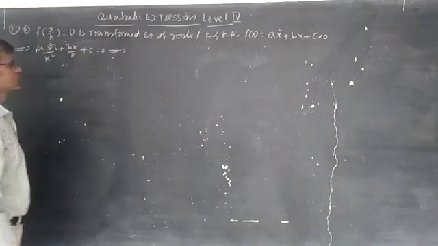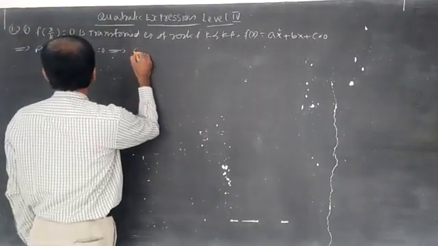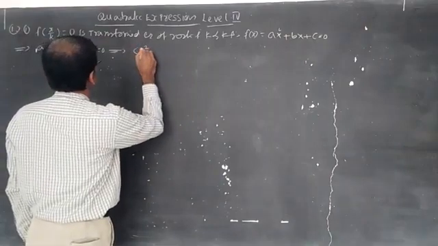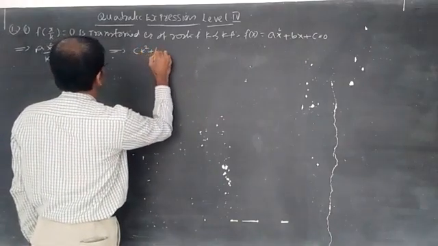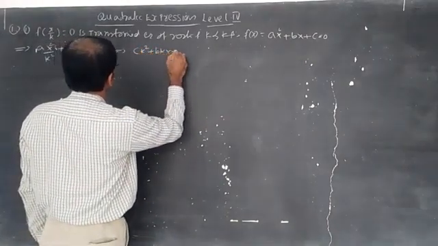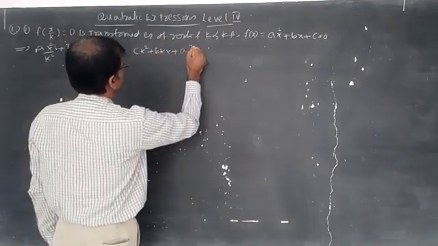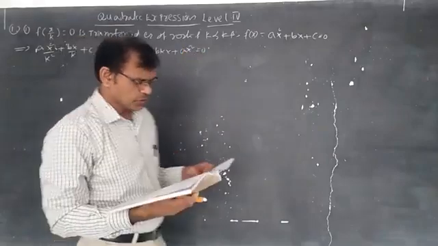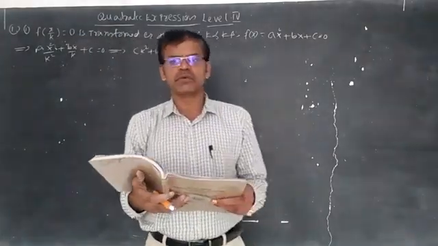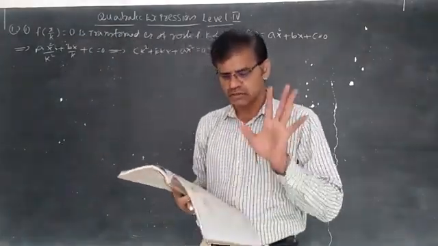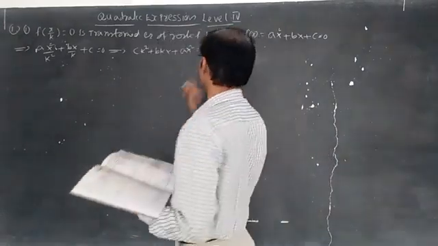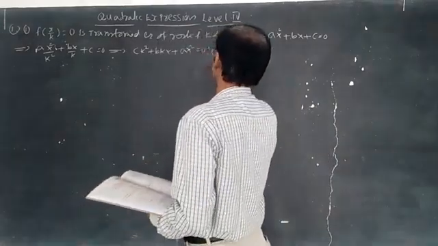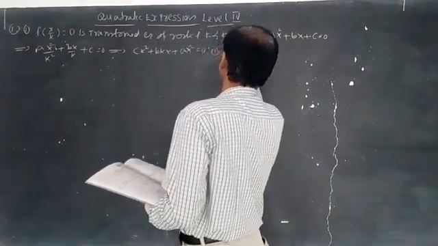Take an LCM, it becomes k square. So ax square plus kbx plus ck square equal to 0, given in a similar way. Therefore we can write here statement 1 is true.